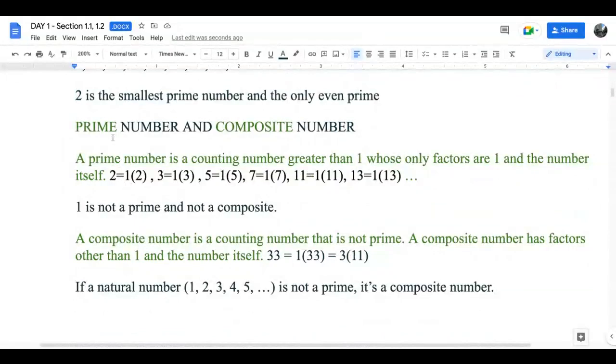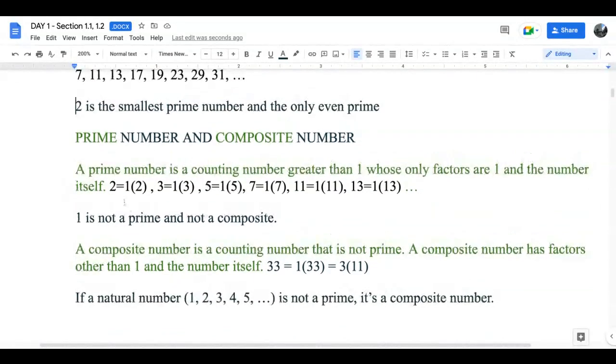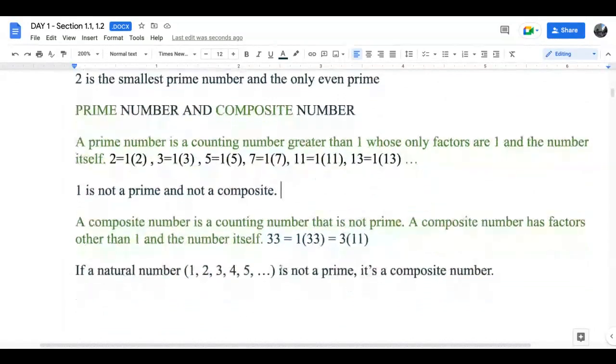And contrary to prime numbers, we call composite numbers. Right? Composite, so those ones are prime numbers. If a number is not a prime number, we call it a composite number, like 33. Right? 33 has factors of 1, 3, 11, and 33. So a composite number has more than 2 factors. That's not a prime. A composite number has factors other than 1 and the number itself.